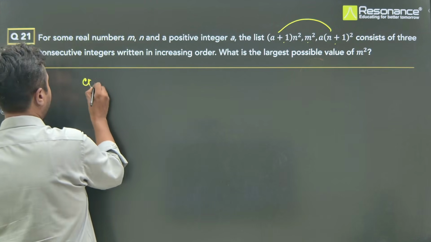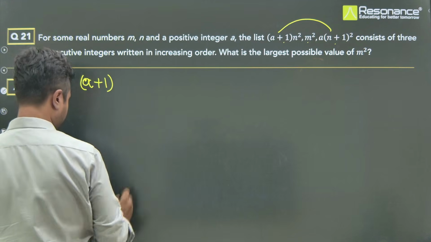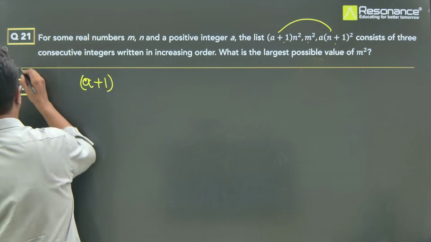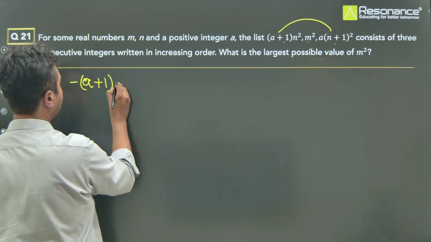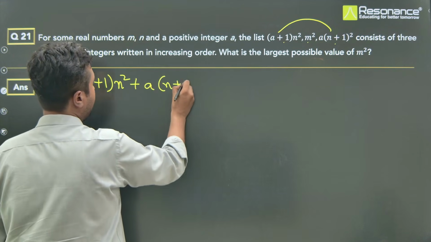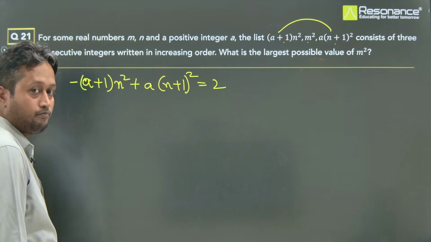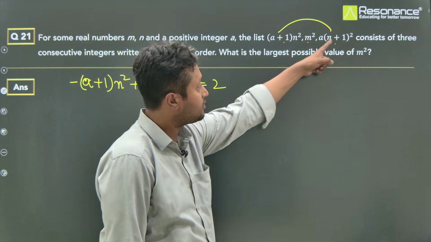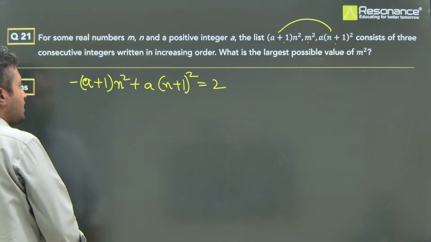So what do we have? (an + 1)^2 minus (a + 1)n^2 must be equal to 2, right? So this number is bigger than that. So this number written first minus that number, that must be equal to 2.